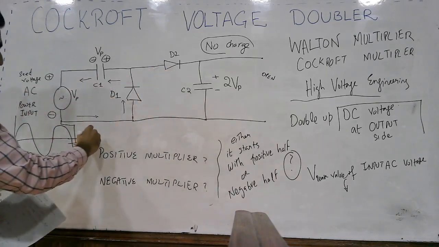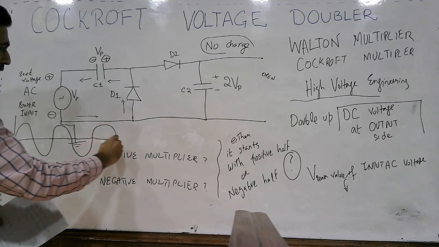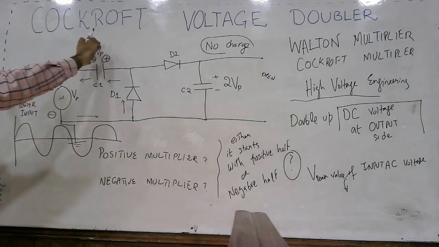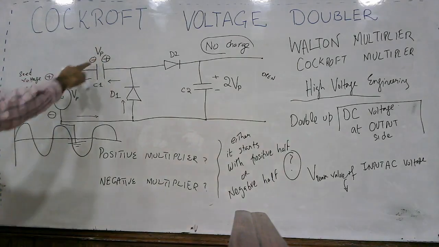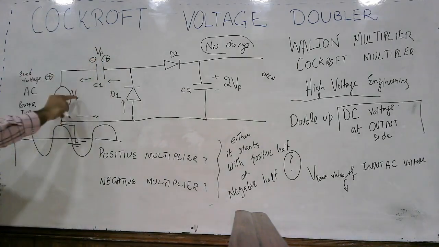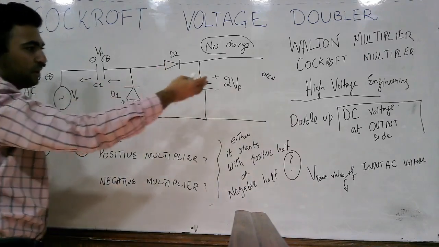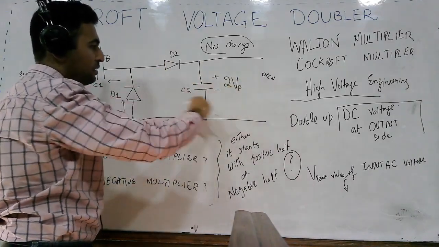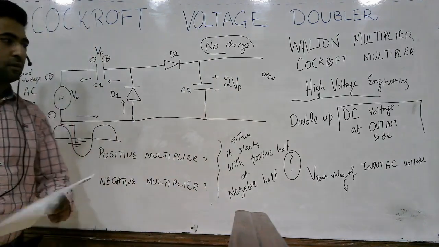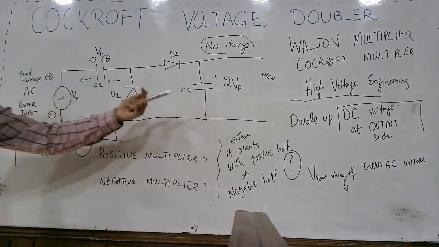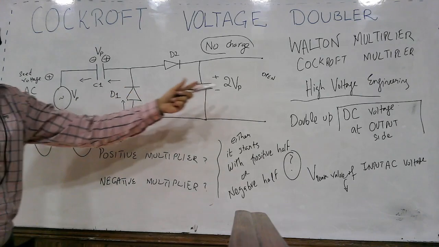And when the next positive cycle comes in, this capacitor is already charged to Vp and here you have Vp voltage. So this diode must be forward biased, but the voltage on capacitor C2 is already 2 Vp. So there is no need of any further charge.